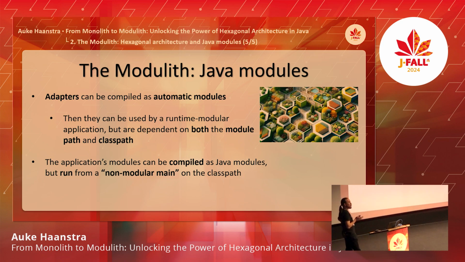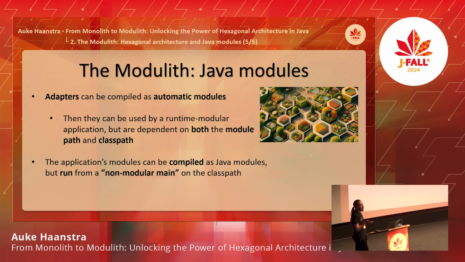And for example, for Spring, I'm running a bit ahead now, but Spring doesn't support modules. So what you can also do is compile your Maven modules as Java modules, but run the application via a non-modular main.